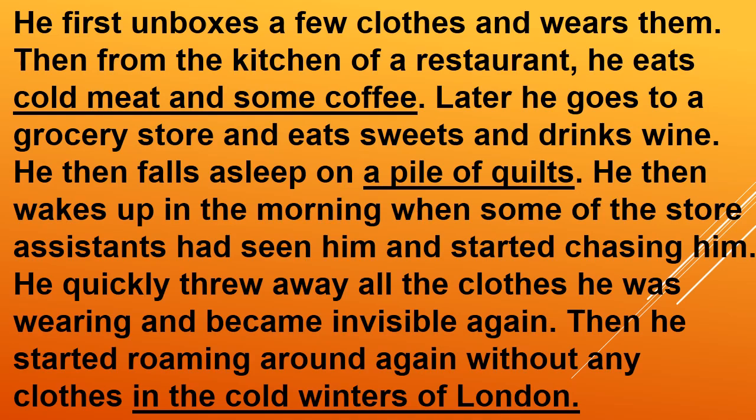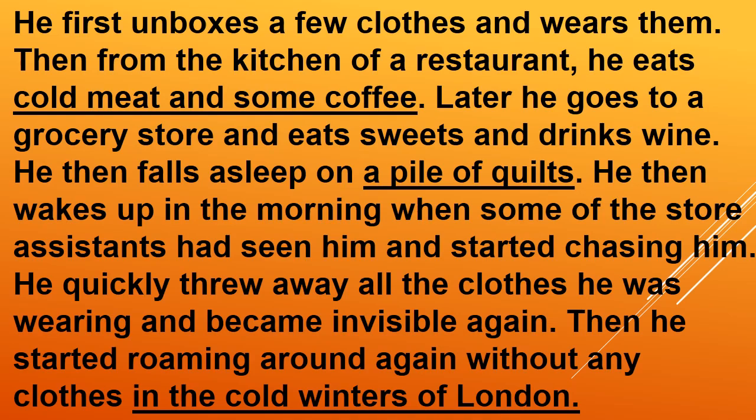Griffin broke open boxes and wrappers. Now he first of all unboxes a few clothes and wears them. Then from the kitchen of a restaurant he eats cold meat and some coffee. So there he wore shoes, an overcoat and a hat.